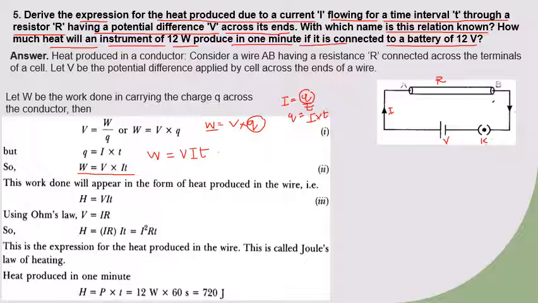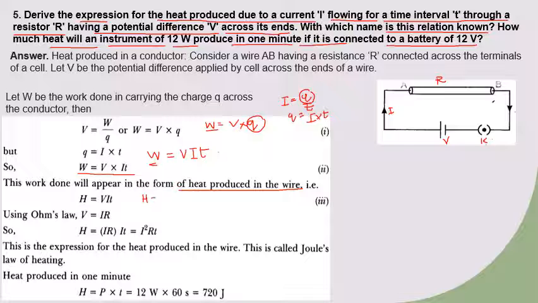We know that whenever work is done to carry the current, there is always heat produced in the wire. So the current is giving us heat. This work can be replaced by H, the heat produced in the wire.